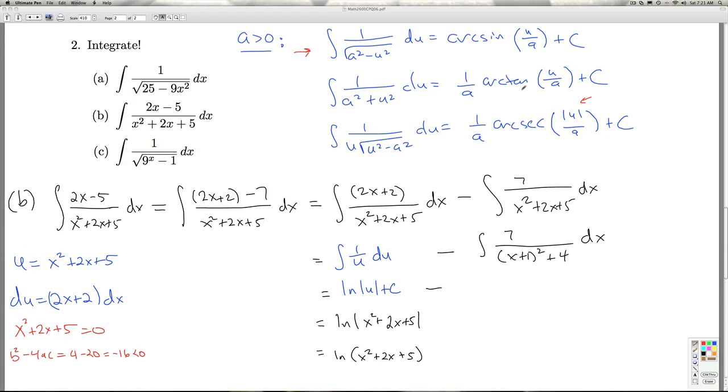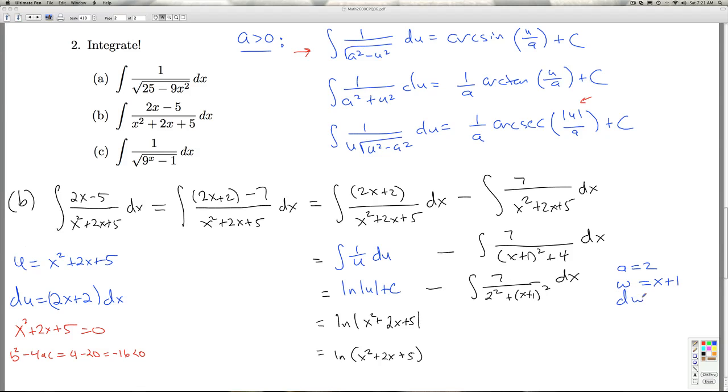So this is pretty much the arctangent form. I'm going to rewrite 4 as 2 squared, and then the x plus 1 quantity squared. And if I wanted to do a substitution, I've got the a is 2, and I can't use u, I've already used u, so I could use, say, w as x plus 1.